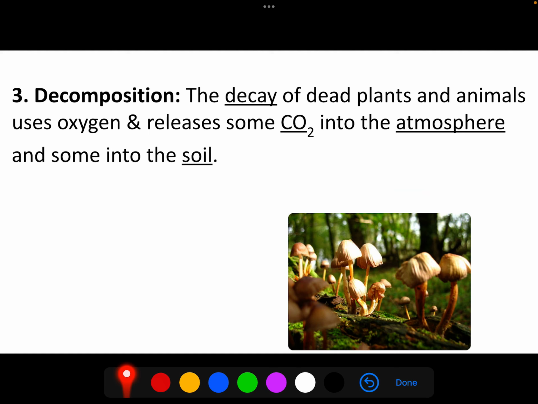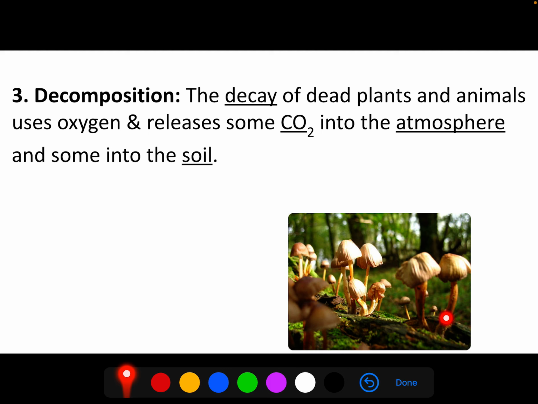Now next, let's talk about decomposition. So decomposition is the decay of dead plants and animals. And remember how earlier we said bacteria use up oxygen and release CO2? That's exactly what's happening here. As bacteria are breaking down both plants and animals, it releases some CO2 into the atmosphere, but look at these mushrooms right here.